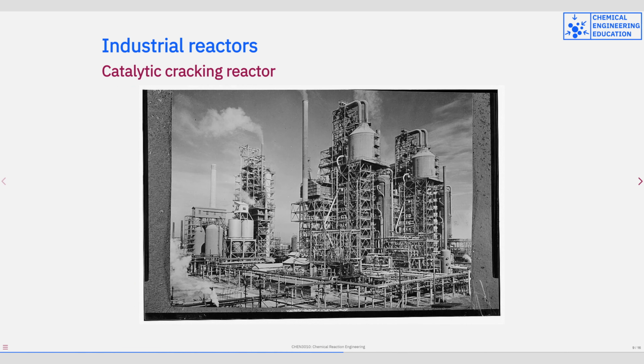This slide shows a catalytic cracking reactor, a key component in the petroleum refineries. These reactors break down large hydrocarbon molecules into smaller, more valuable ones like gasoline and diesel. They are crucial for maximizing the yield of high-demand fuels from crude oil.